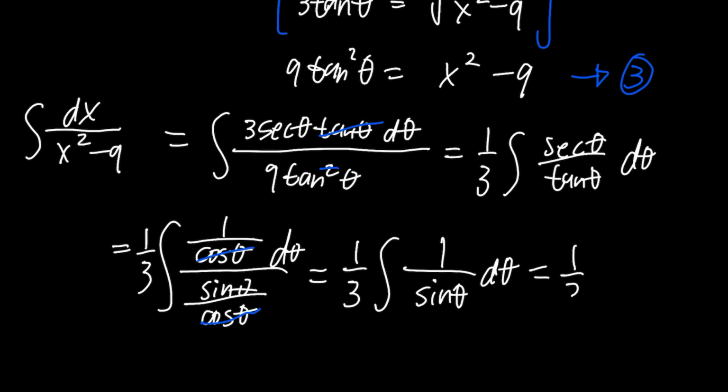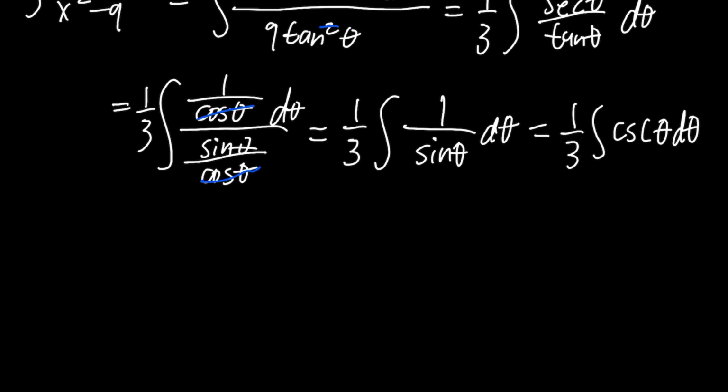But we know that 1 over sine is equal to cosecant theta d theta. So let's now integrate cosecant theta d theta.